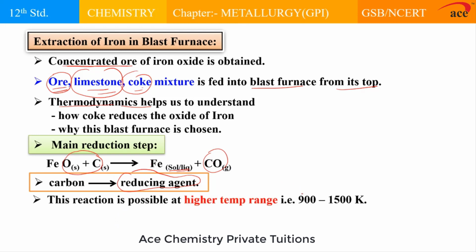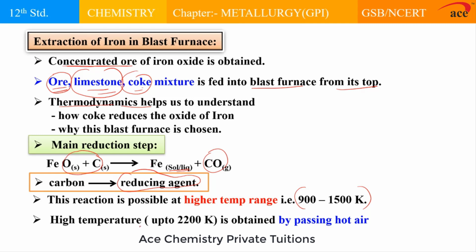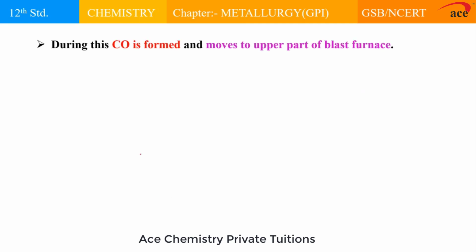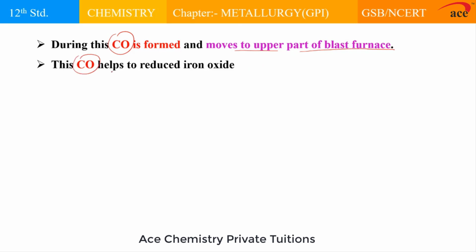Now the range of this, if you will see, is 900 to 1500 Kelvin, students. At higher temperature, how is it obtained? By passing hot air to this mixture. During this, carbon monoxide is formed and it moves to the upper part of the blast furnace, and this carbon monoxide helps to reduce iron oxide.